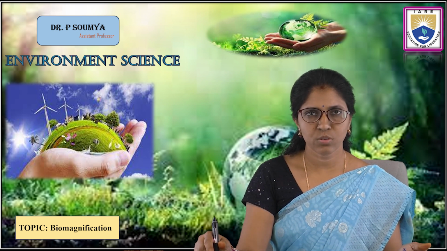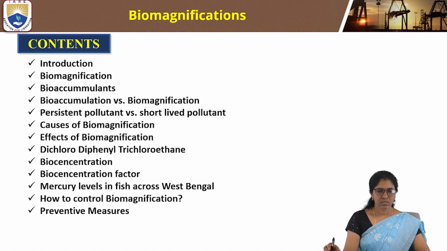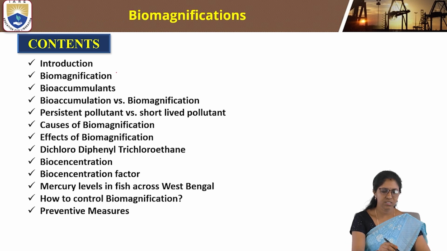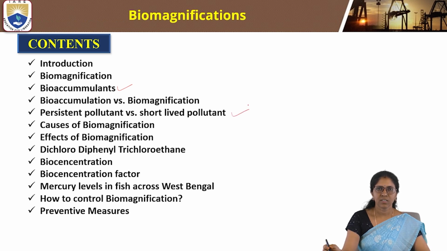In this session, I am going to discuss biomagnification. So here are the topics: introduction to biomagnification and bioaccumulants, differences between bioaccumulation and biomagnification, persistent pollutant versus short-lived pollutant, and causes and effects of biomagnification.